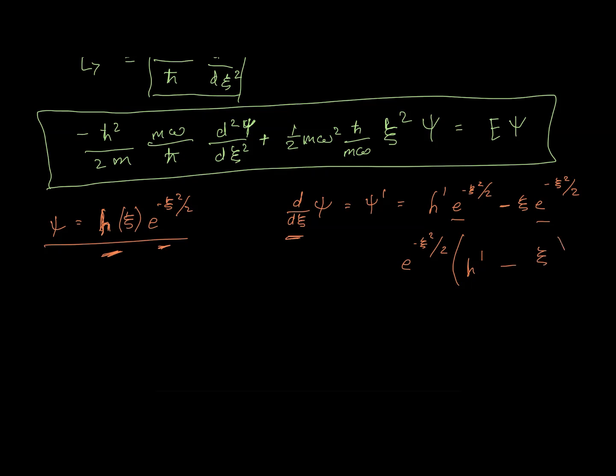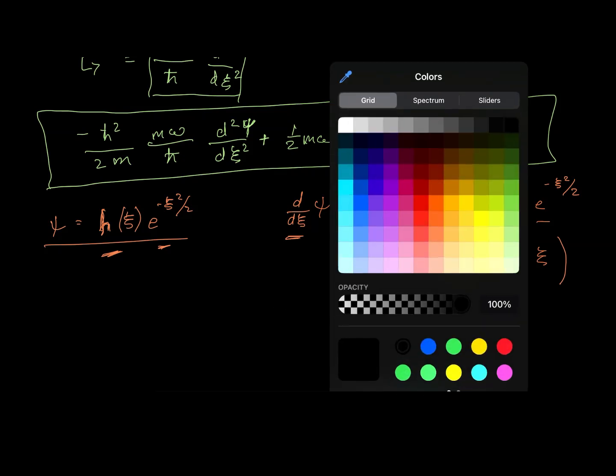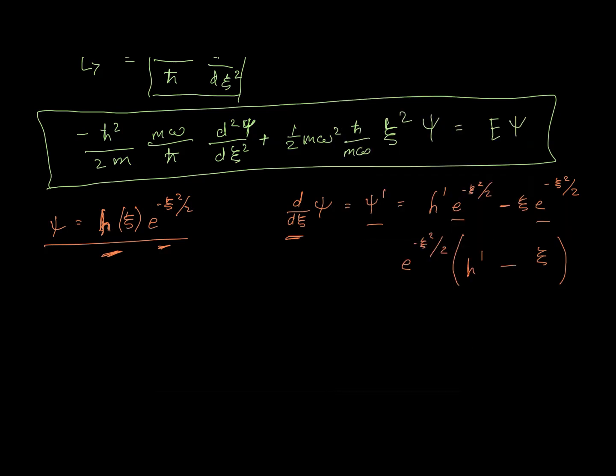Good, I did that right? I think so. All right, so that's our psi prime. Now we need our psi double prime. Let me change colors again, just to really contrast.